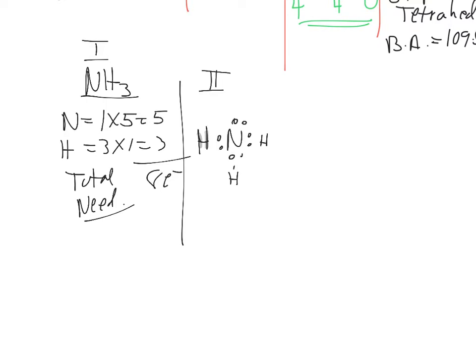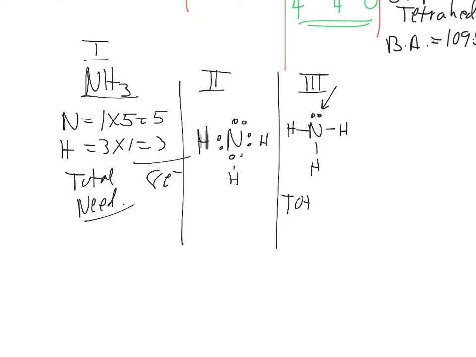And all the hydrogens are happy because they have 2 electrons. In panel 3, I'm going to connect those H's. I'm going to leave those lone pairs, those are called unshared pairs or lone pairs. They're part of the 8 that nitrogen needs.